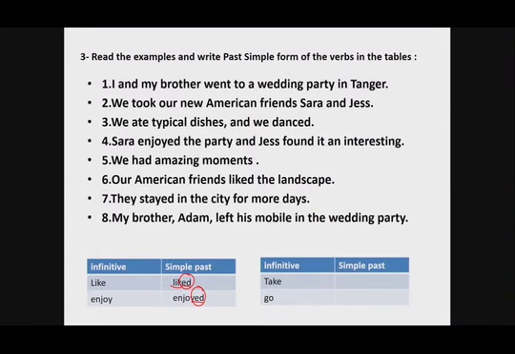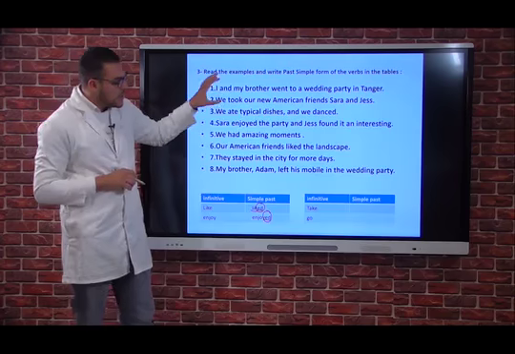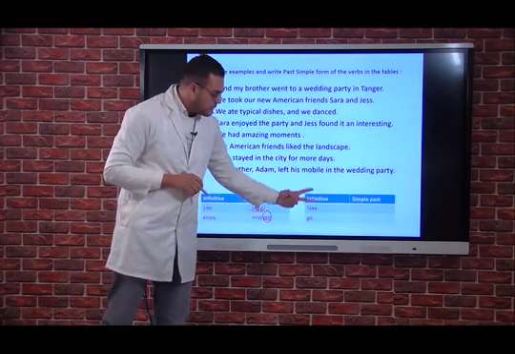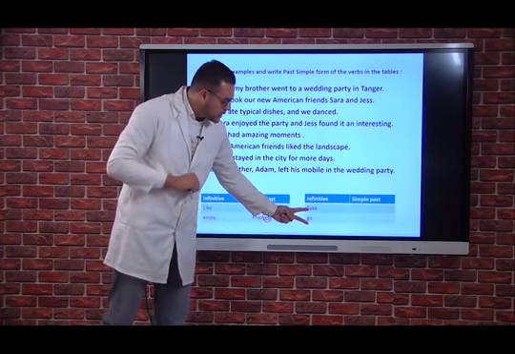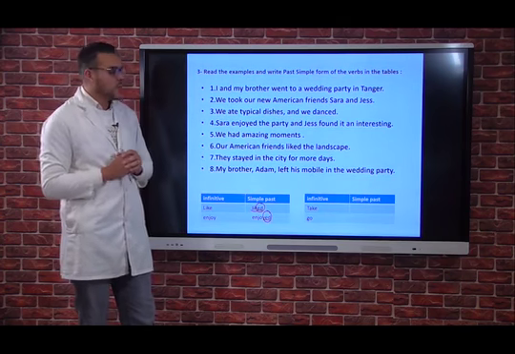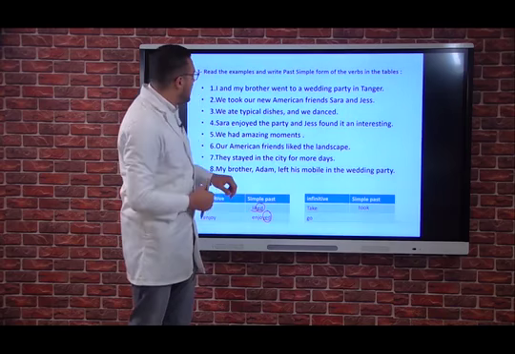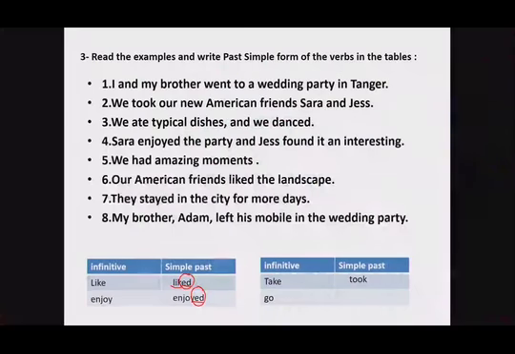We have two verbs, take and go. So I need you to find out in these statements the simple past form of these two verbs. So we have take and we have go. What do we say in the first one? We have it in example number 2. We say took.